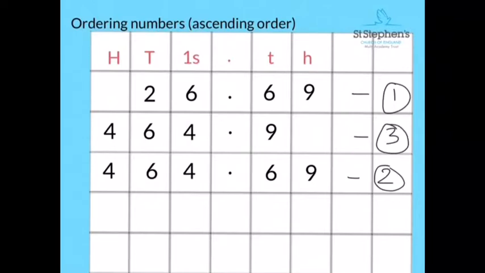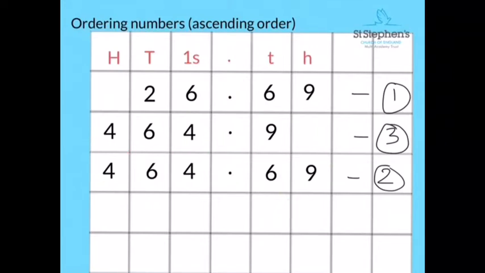Now, this is why it is very important to ignore the digits that are less than 1 to begin with, because if we simply counted the digits, 26.69 has 4 digits, 464.9 has 4 digits, and 464.69 has 5 digits. Now that would mean that 464.9, which has 4 digits, is smaller than 464.69.